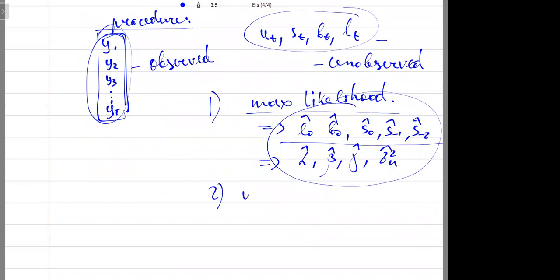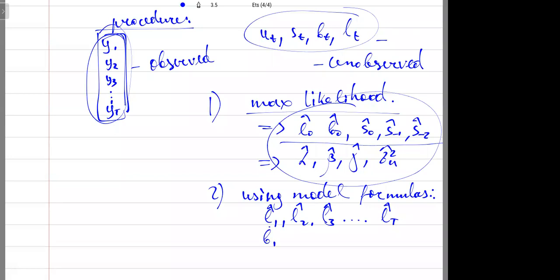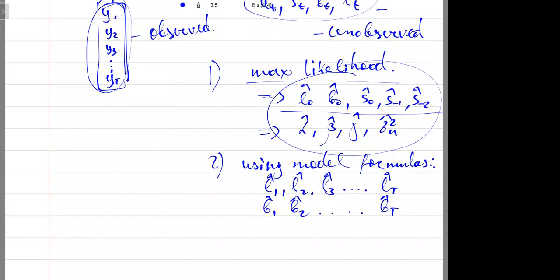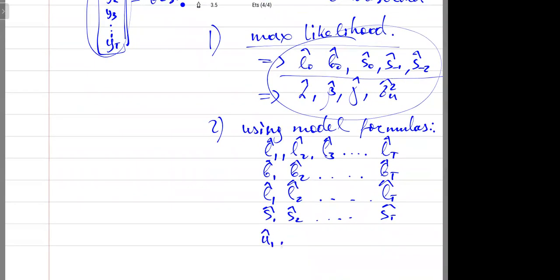Then, using the model formulas, you can decompose YT, so you can calculate L1, L2, L3, LT, B1, B2, BT, S1, S2, ST, U1, U2, UT.